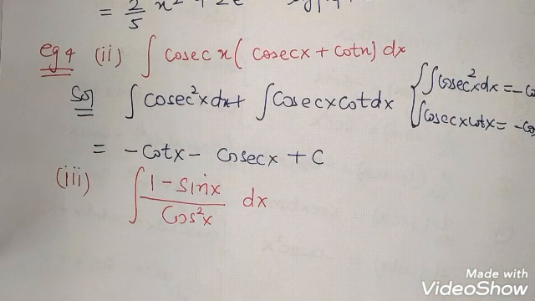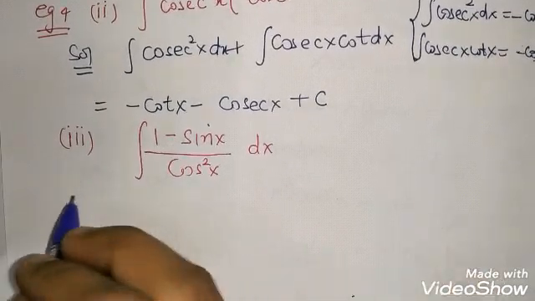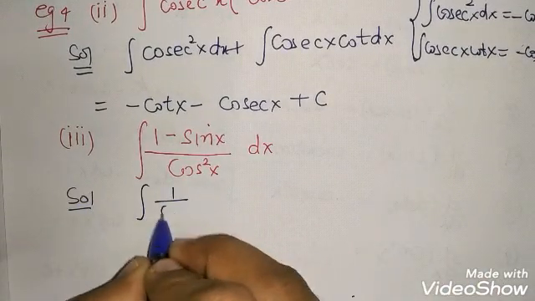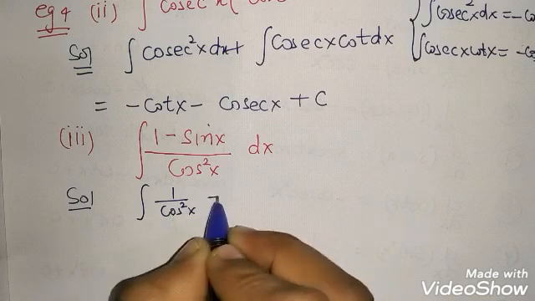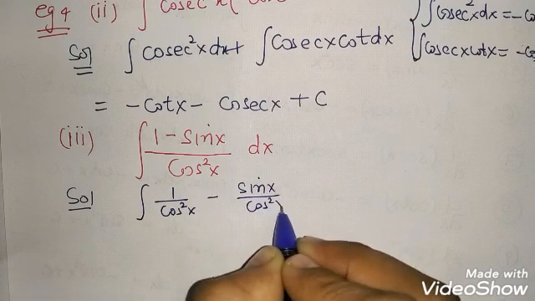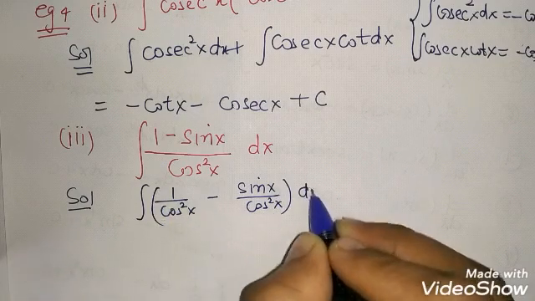Simply what you can say, bacho? Solution. Separate both the integrals: 1 upon cos square x minus sin x upon cos square x dx.